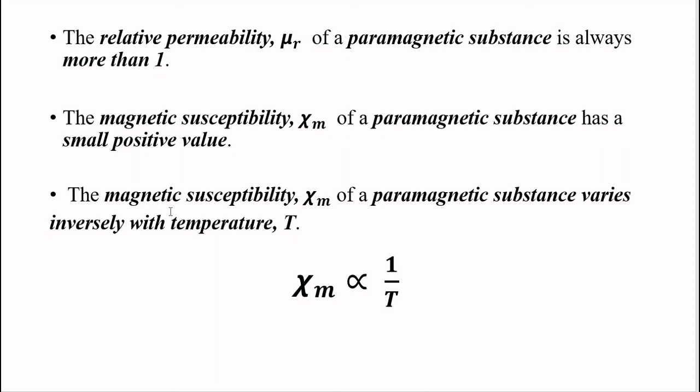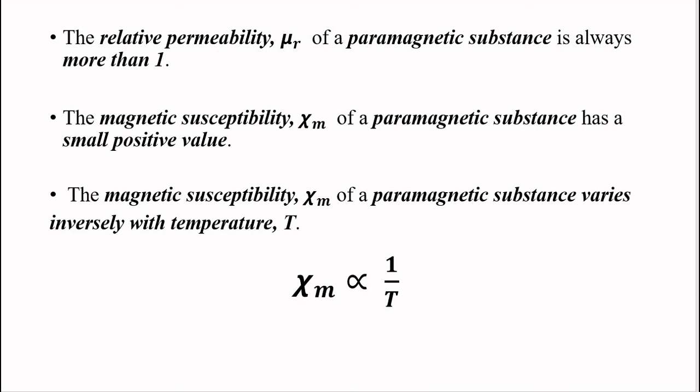As compared to that, in diamagnetic it was just less than 1. That's why diamagnetic used to get weakly repelled, because it was just less than 1. Here it is just more than 1, that's why weakly attracted.